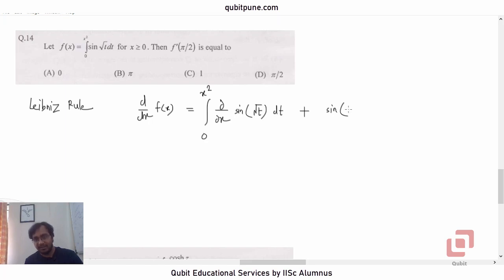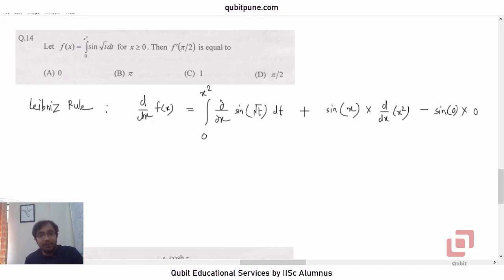So I can write it as sine of x because x is greater than or equal to 0, into the derivative of x squared, minus sine of 0, that's the lower limit, and we need not write the derivative here because it is also 0, and also sine 0 is 0. So this is the Leibniz rule. If you open any standard calculus textbook, you'll find this.